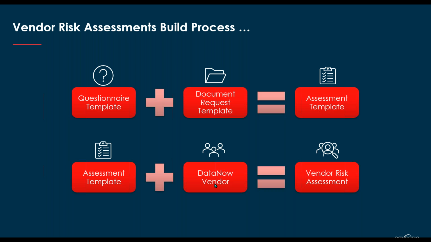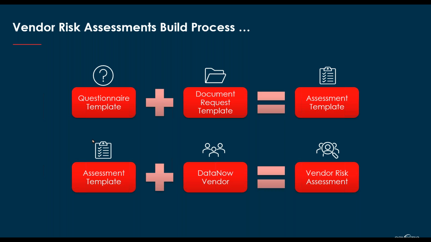And in today's demo, we're going to be using a fictional vendor called DataNow. And so you associate this assessment template with the vendor DataNow, and you send it, that creates the vendor risk assessment, and you submit that to the vendor.